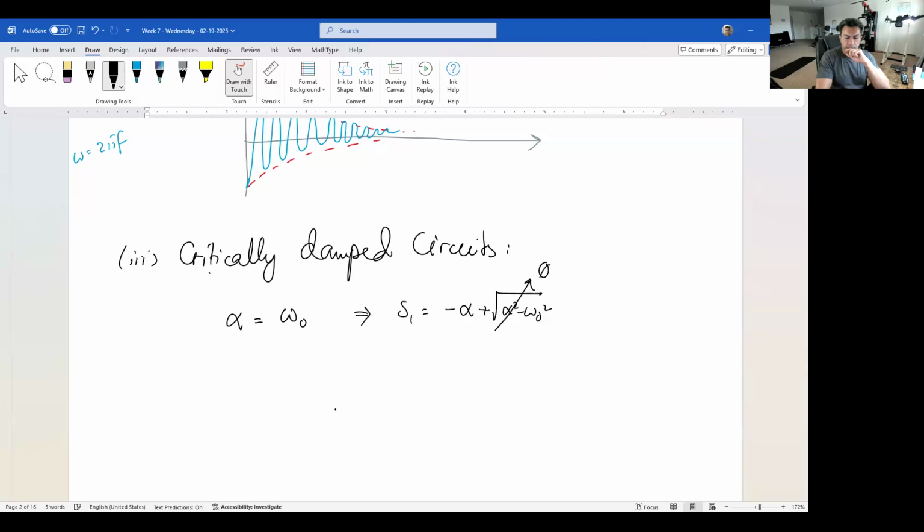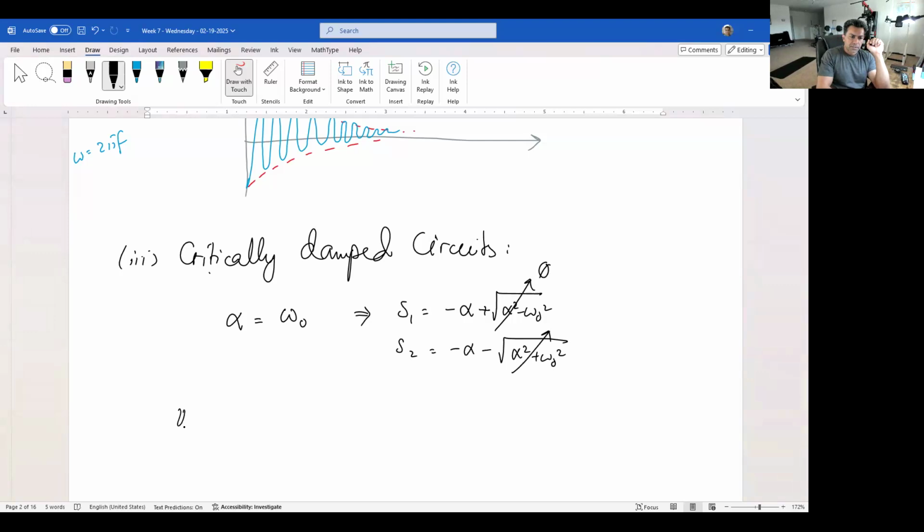This is going to become 0 if both are equal, and S2 will be the same. So both S1 and S2 are going to be the same.